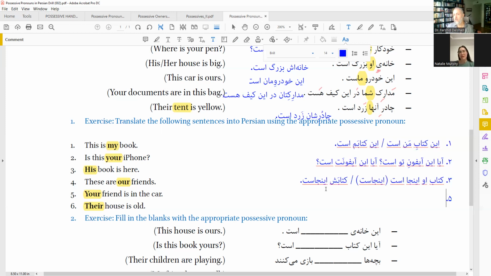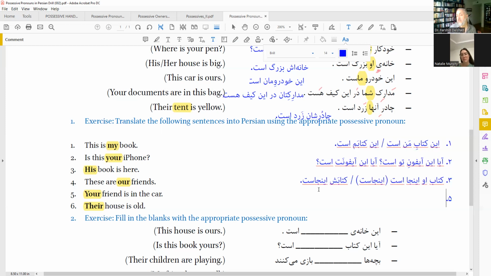So those would be "onha," and these would be "inha." We have these two pronouns, "in" and "on," where "in" is the demonstrative pronoun when you point at an object or a person with your index finger, and if something is at a further distance, you would say "on."